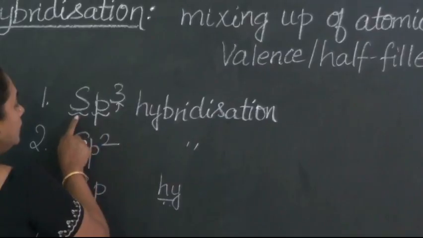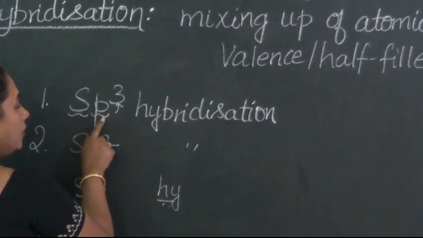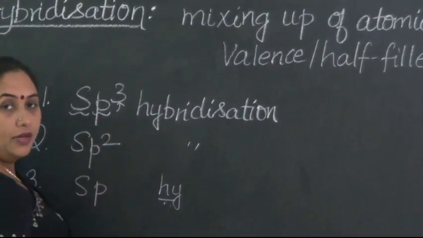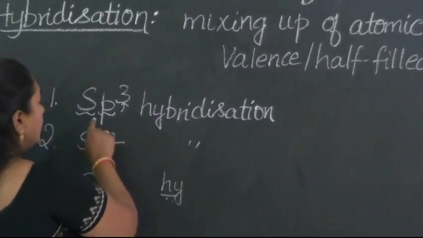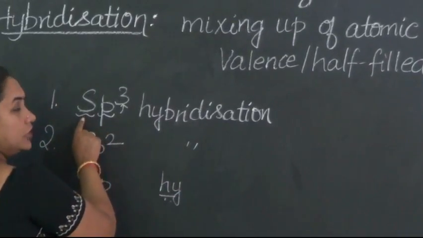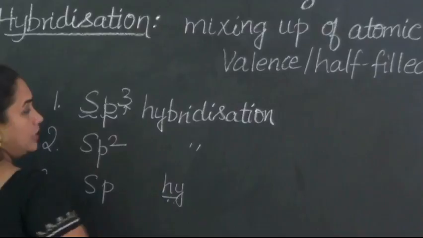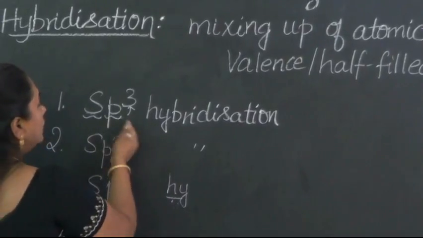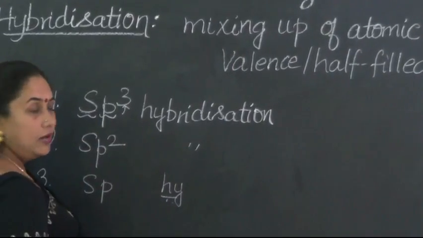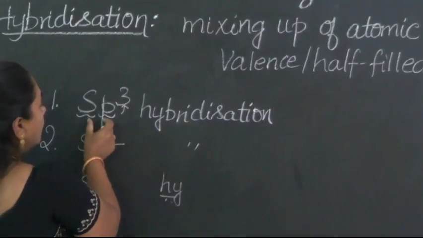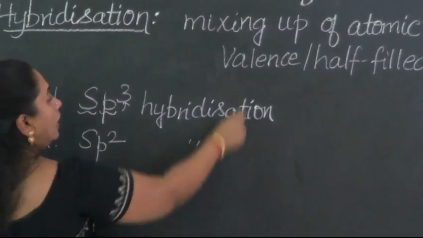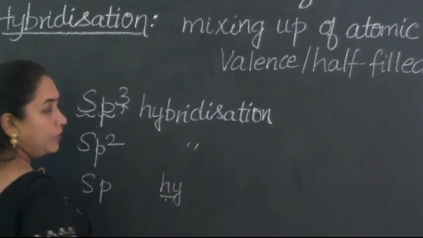As we know, between S and P orbitals there is energy difference. S orbital of the valence shell will be having less energy than the P orbital of the same valence shell. Valence shells are the ones which are going to undergo the process of hybridization.